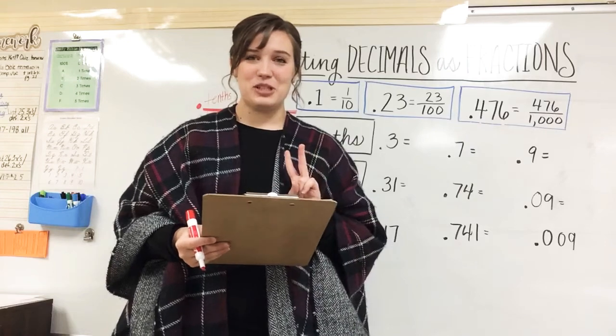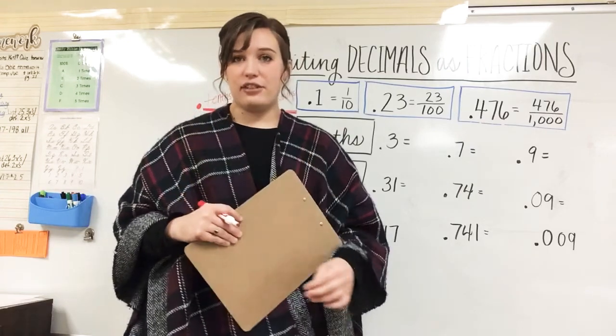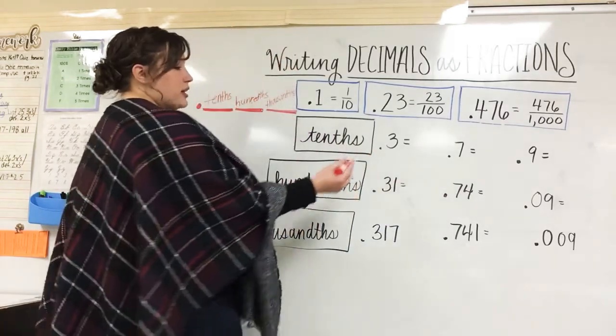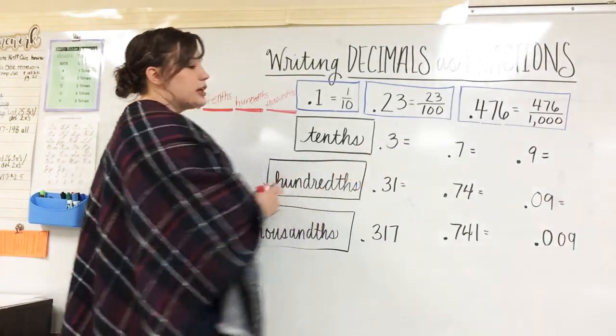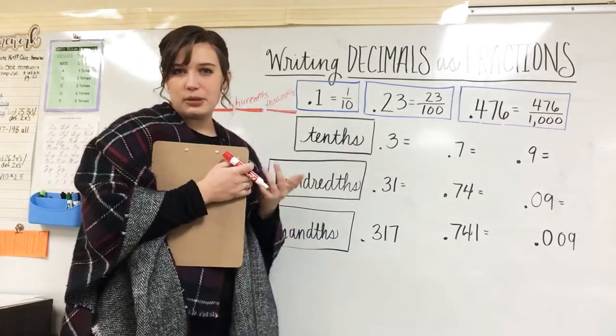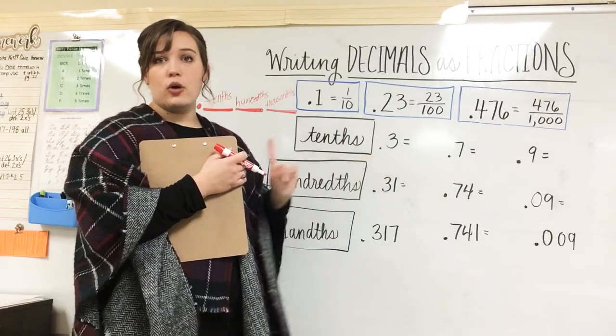Let's go down to fact number 2 in our yellow box on page 233. To write a tenth as a fraction, just place it over 10. It's really easy. So whenever you have your 0.3, okay, this is the example given, and then we'll do a couple practice examples too. 0.3, there's only how many places after the decimal point? 1.